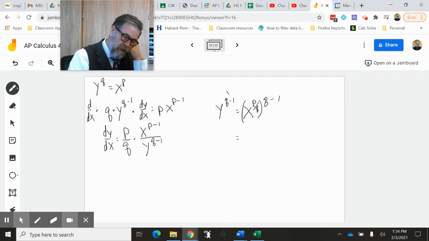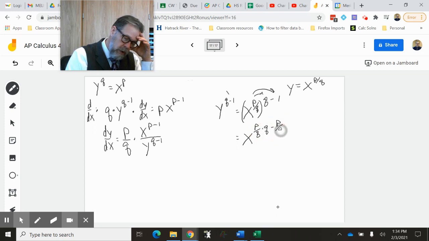I overgeneralized here. We know that y is equal to x to the p over q. So that y to the q is irrelevant. So multiplying these together, I get y to the q minus 1 equals x to the p over q times q minus p over q.